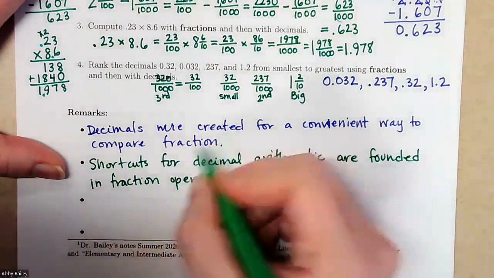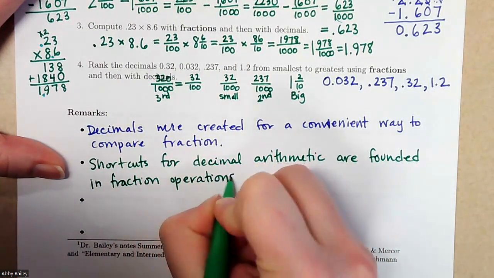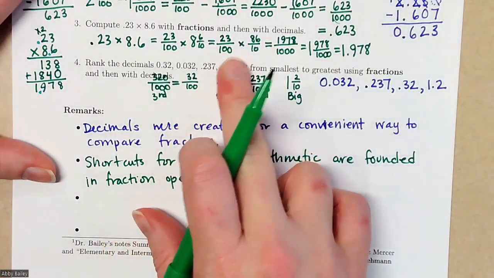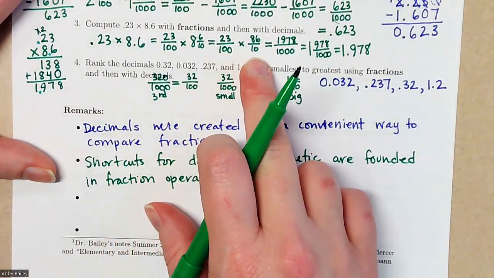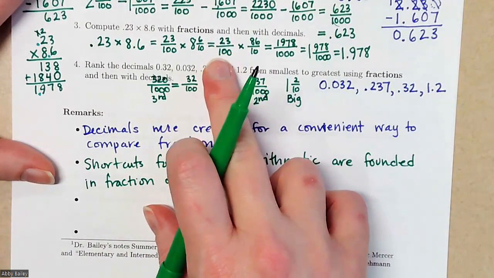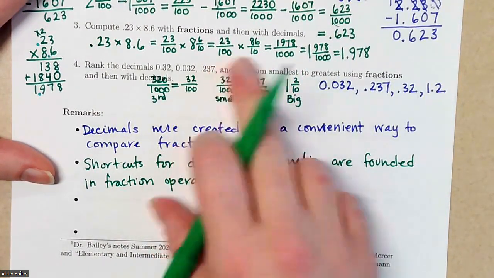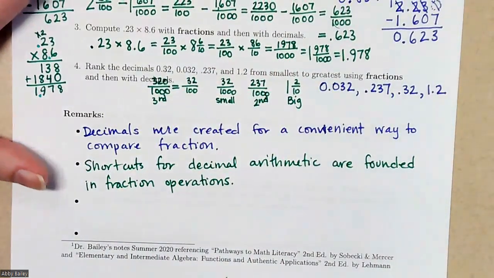So if you're ever thinking, why do those decimal shortcuts work? It's all because of how it ended up happening with the fractions themselves, like 2 decimals, 1 decimal, 10 hundredths is 1,000th. So that's why.